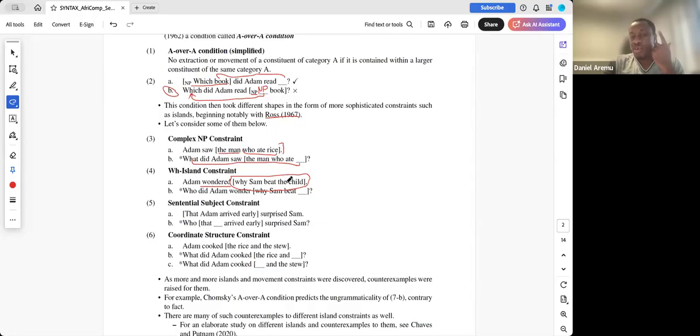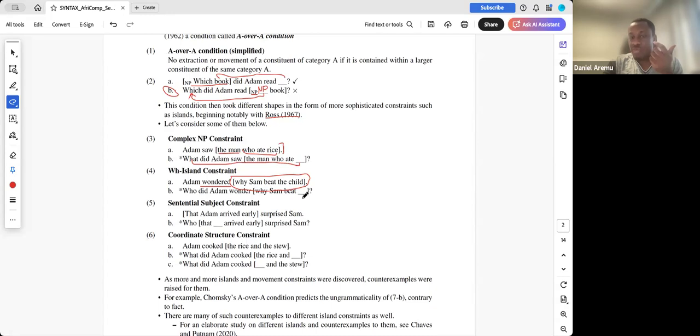So if you say 4B, who did Adam wonder why Sam beat? That is ungrammatical because it's assumed that you don't move out of a clause that has a WH phrase. And there is a reason for that. I'm not going to go into the detail. It's assumed that usually when you are moving, you move in steps, right?